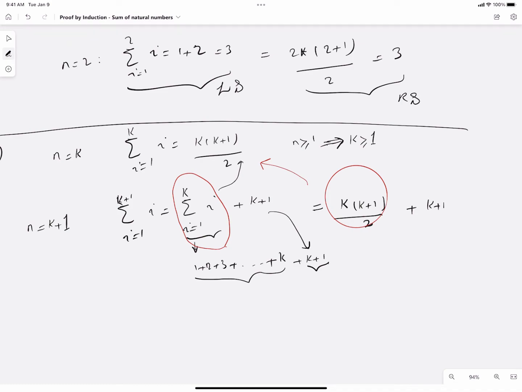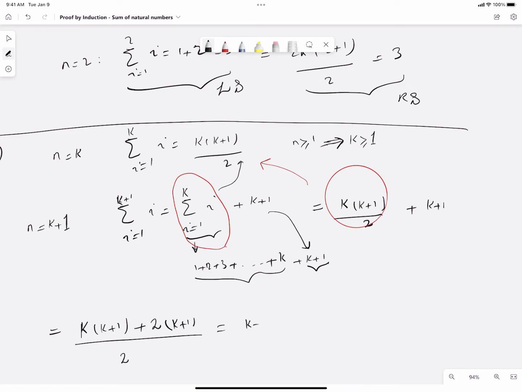So this is equal to k times k plus 1, and I'm going to just use the common factor, plus 2 times k plus 1. So I did nothing other than simplifying this expression and combining them together. As you see here, k plus 1 is the common factor, so I can just take it out.